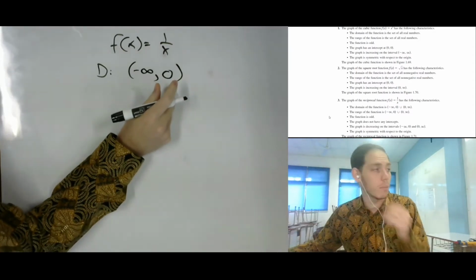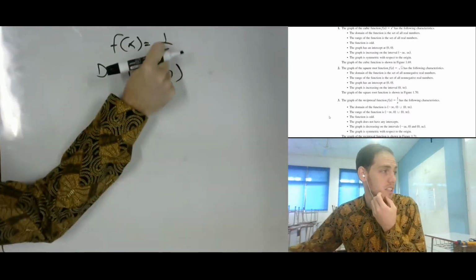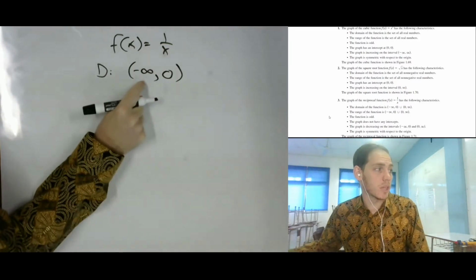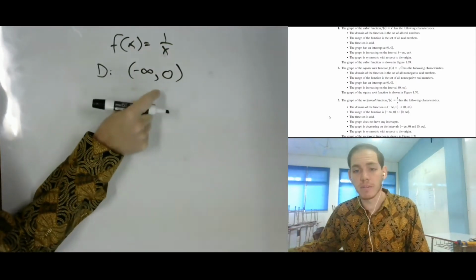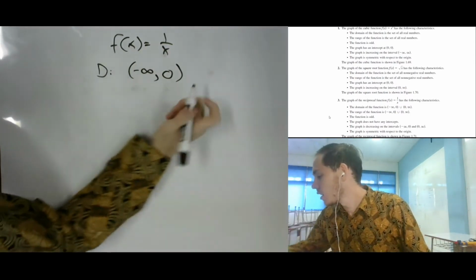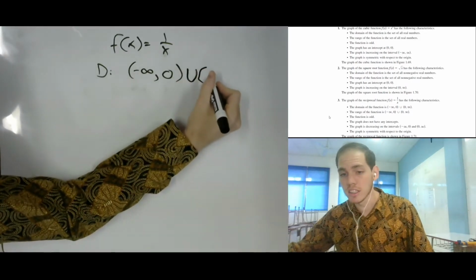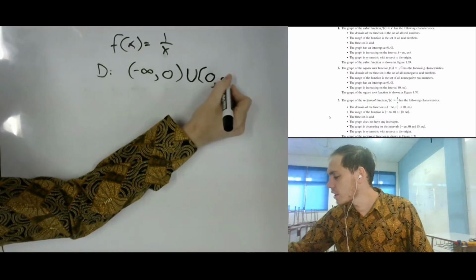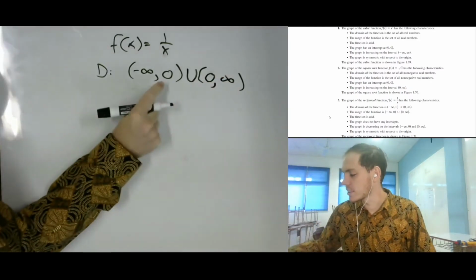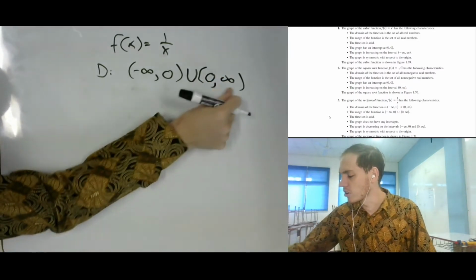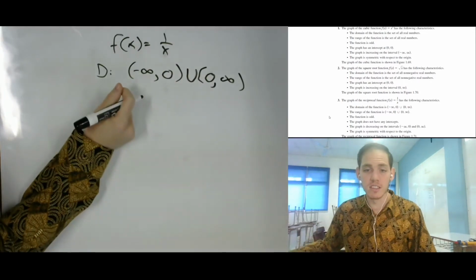Now you see this open parentheses, that means we can never plug that number in right here. So we can never plug in negative infinity, we can never plug in 0, okay? This U right here, which is actually the union, it means all the numbers in both sets. So all numbers in here and all numbers in here are our domain.